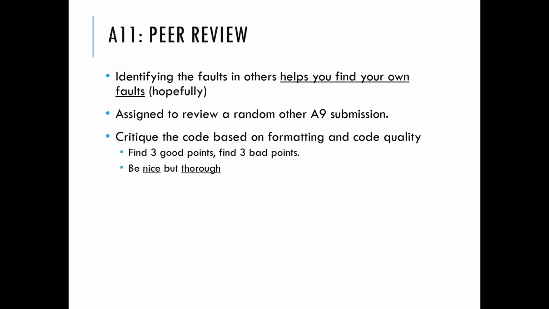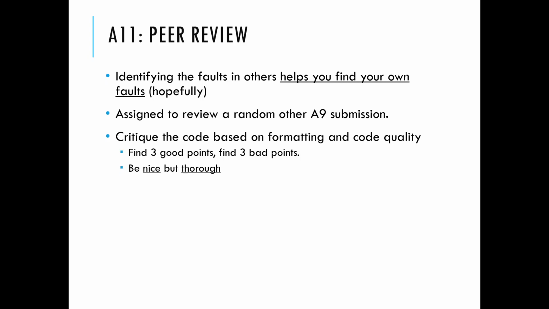Okay, so let me talk about what A11 is going to be, and I still have to make A11 or at least polish it up for you guys. But what we're going to be doing is a peer review. I had a Google sheet with everyone's anonymous code, links to all their code that we're hosting for you guys.